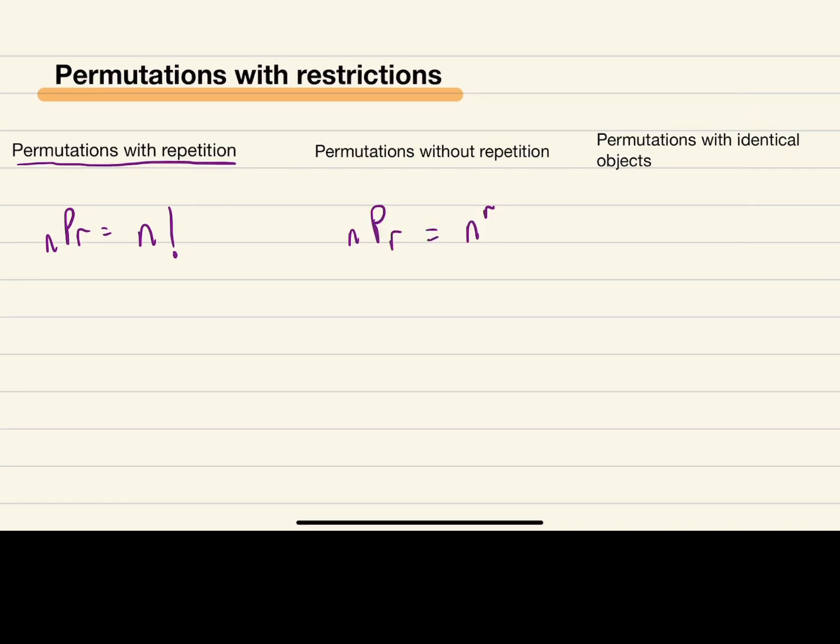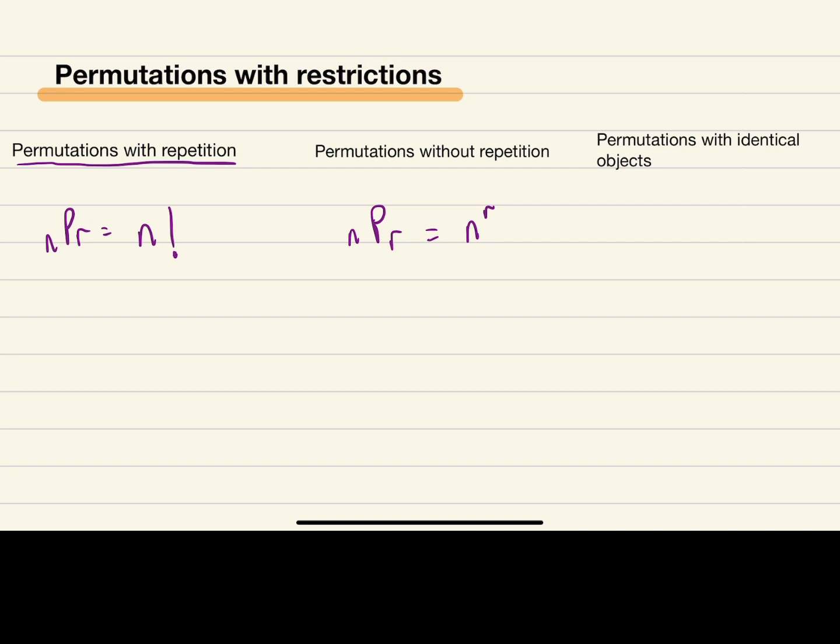Because repetition leaves the amount of possibilities the same for each set event, we can say that the number of permutations is equal to the number of cases or sets or objects to the number of objects chosen, or the R value.